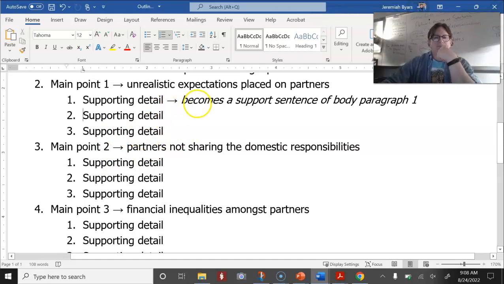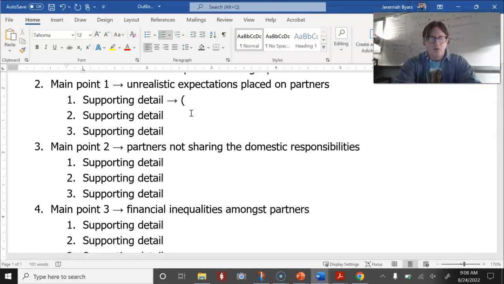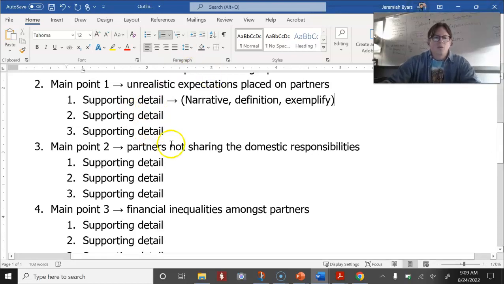Okay. All right. So what am I going to say in each of my main points? Okay, what am I going to provide? And this is, are you going to do a narrative for this paragraph? Are you going to provide a definition? Okay. Or are you going to exemplify, provide an example? All right. What are you going to do?